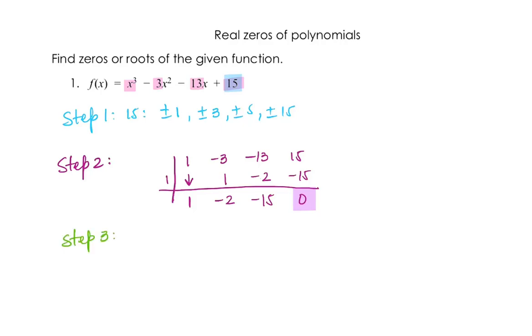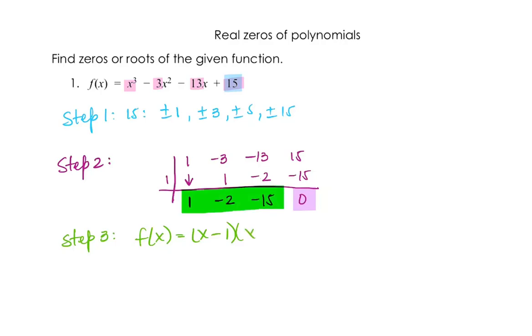Now for step 3, we already know that 1 is one of the roots. So we could say that f of x equals x minus 1. This is the opposite number because the root is 1, not -1, times, and then we can look at these numbers right here, and that will give us the rest of the equation.